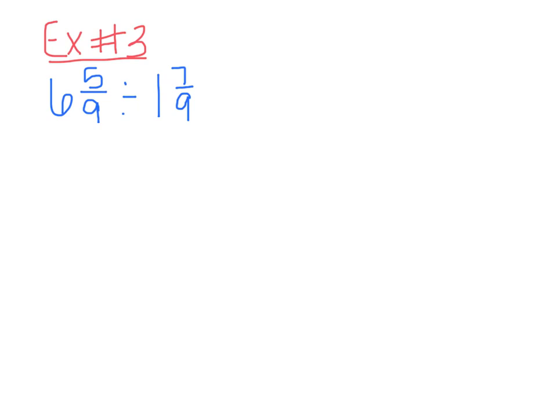Okay, example 3, doing the same thing. We do 6 times 9 is 54, plus 5 is 59. And we keep the same denominator, which is 9. Divided by 1 times 9 is 9, plus 7 is 16. Keep the same denominator.